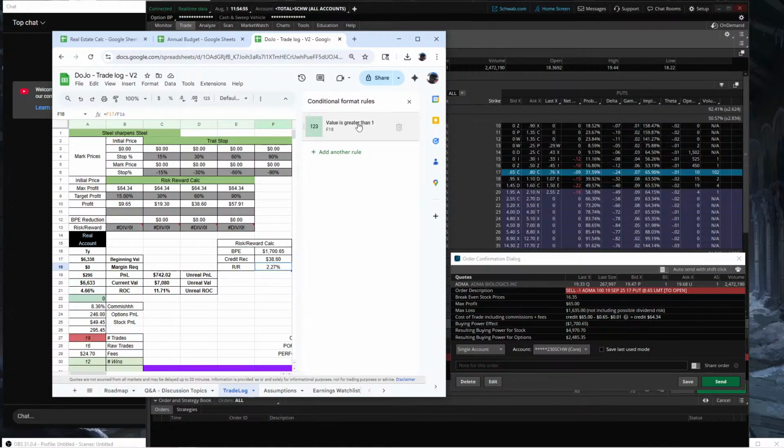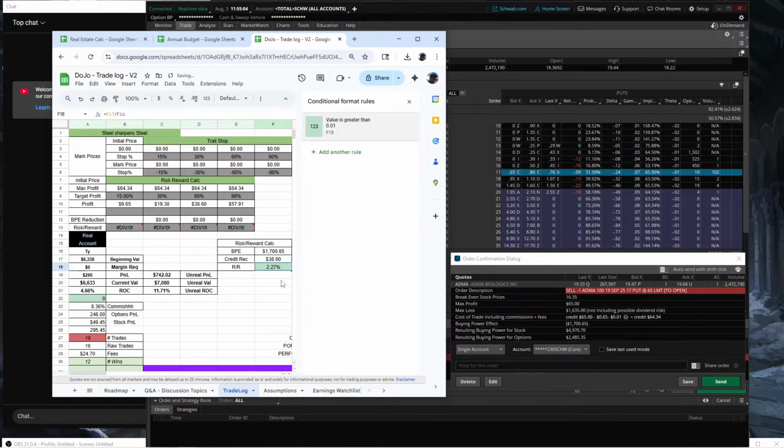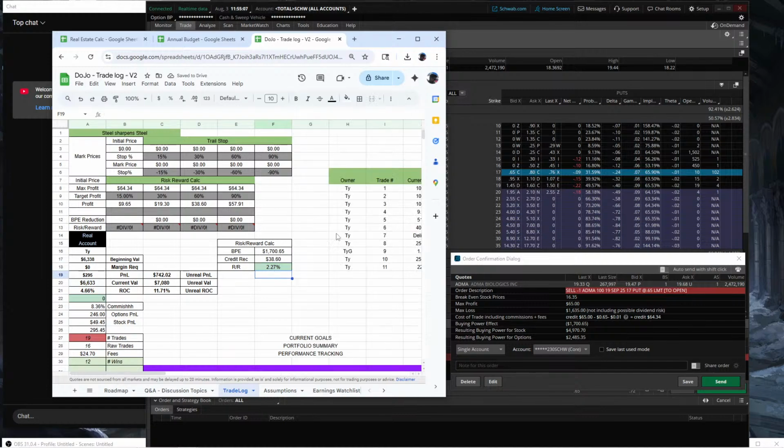If the value is greater than 1, let's do 0.01. There you go. That's what we want. So we'll do like 60% credit received. It's not a bad trade.